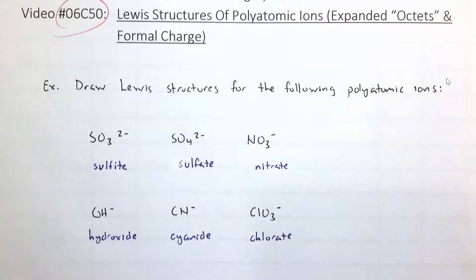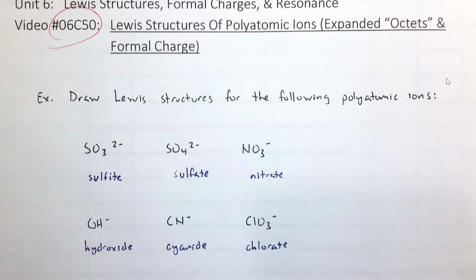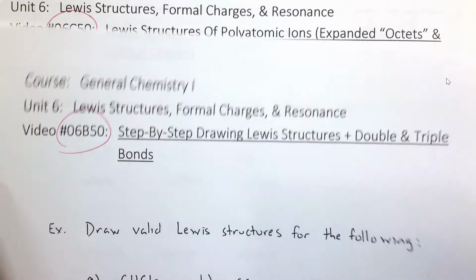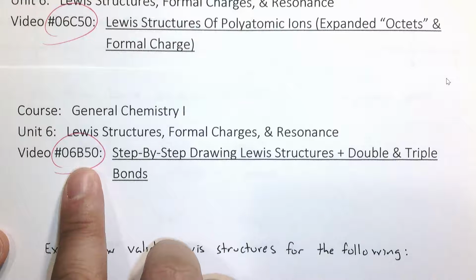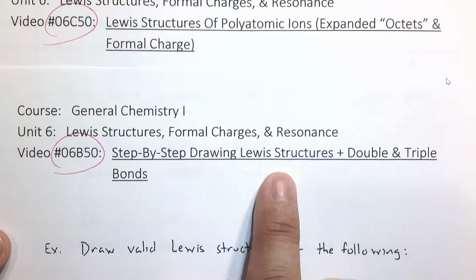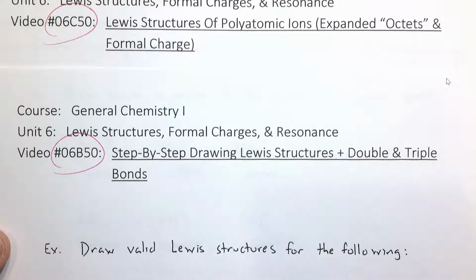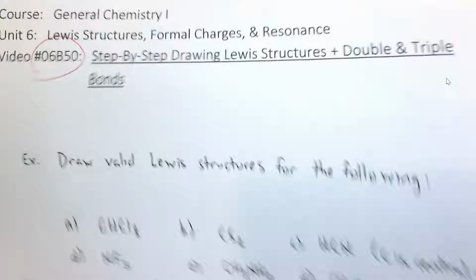Okay. Now I highly recommend that before doing these types of problems or going through this video, you review the previous video 06OB50, which is the step-by-step drawing of Lewis structures, and you have practice with structures that are neutral.